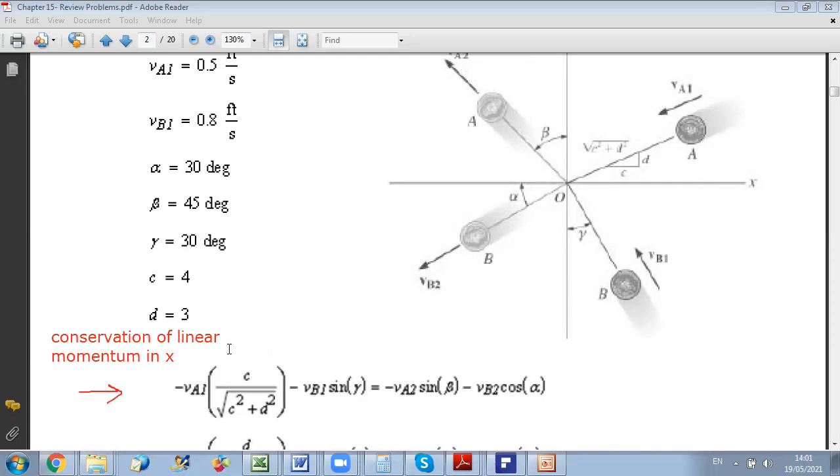So initially I have MA times VAX at state 1 plus MB times VBX at state 1 equals MA times VAX at state 2 plus MB times VBX at state 2.